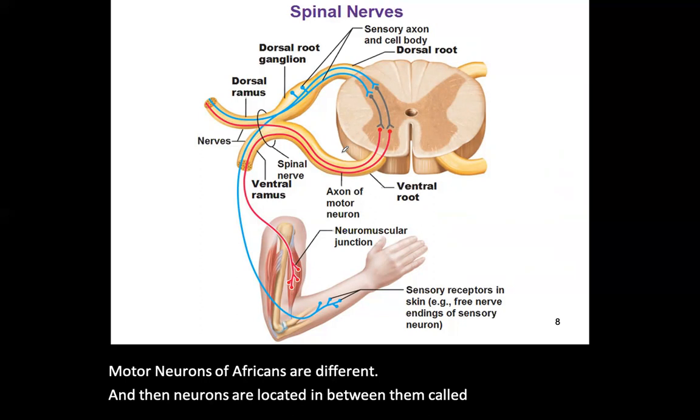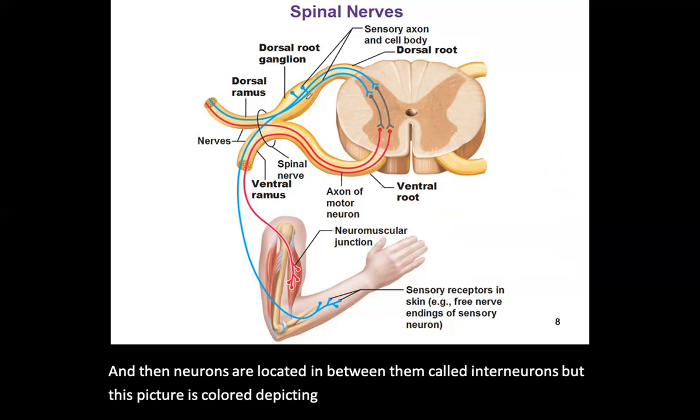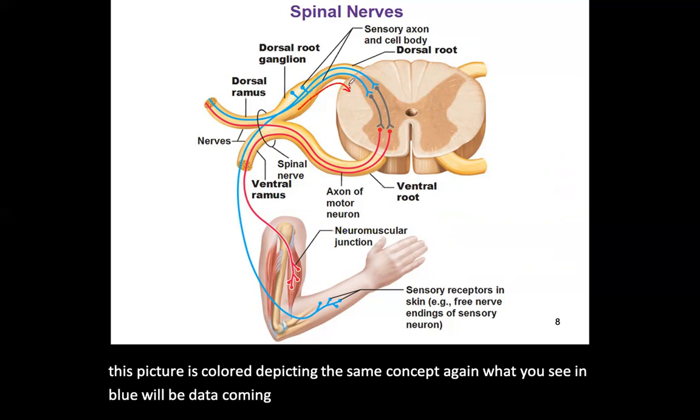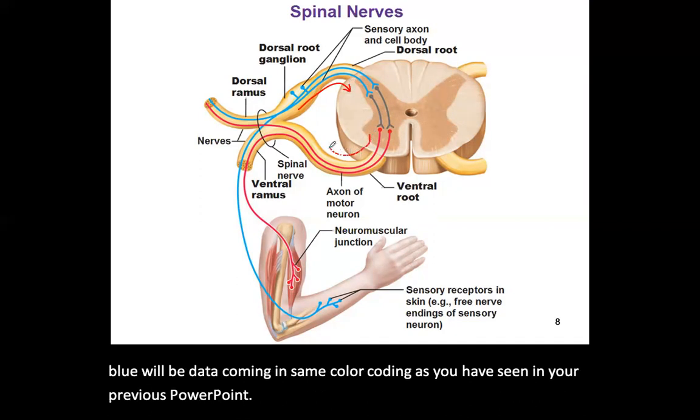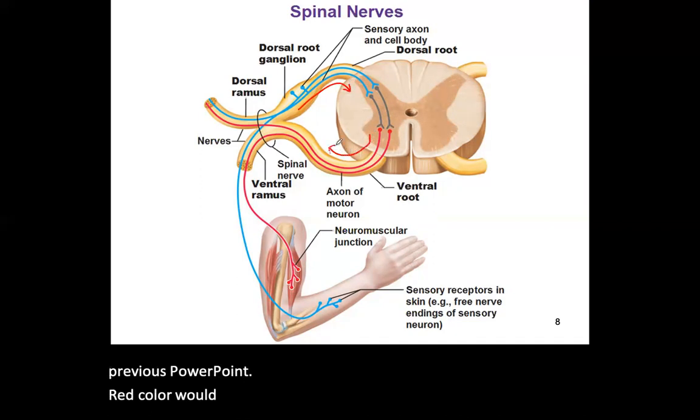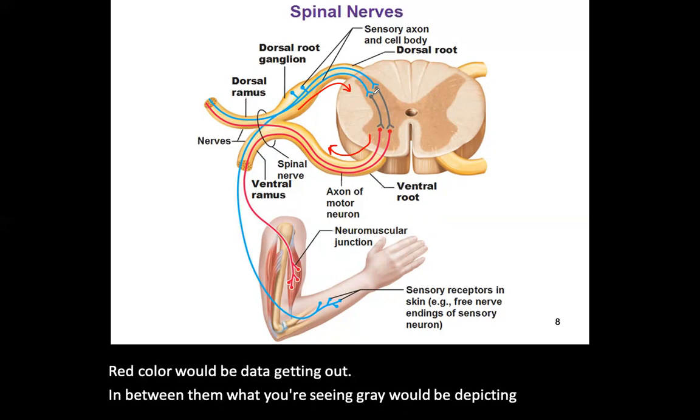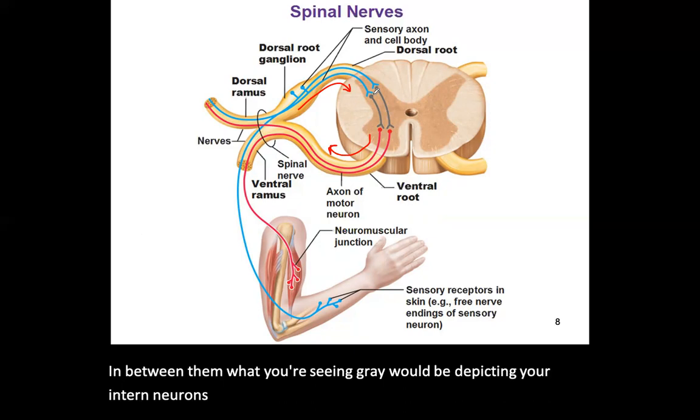This picture depicts the same concept. What you see in blue is data coming in, with the same color coding as in your previous PowerPoints. Red is data getting out. In between, what you see in gray depicts your interneurons, neurons that sit completely within your central nervous system.